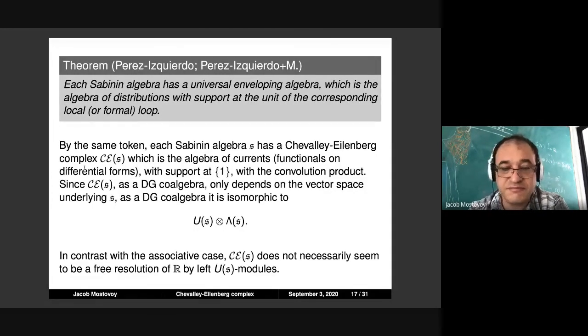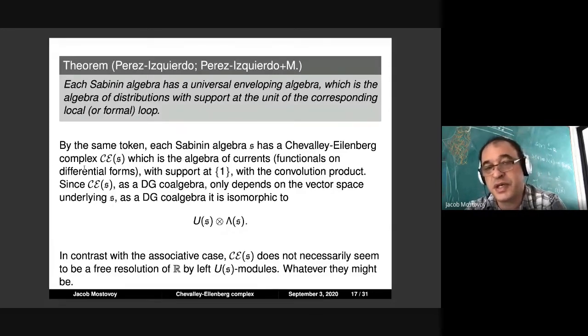Here's a catch. I mean, we don't really know. I'm kind of hesitating, saying it does not seem to be a free resolution. The thing is that we don't really have a good theory for non-associative modules. We have the definitions.